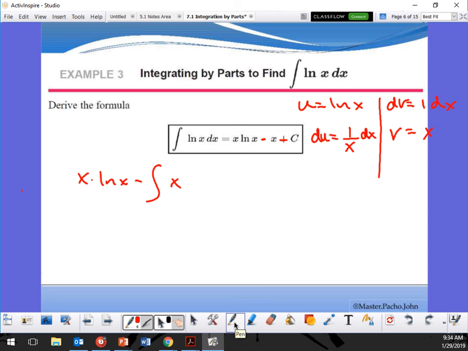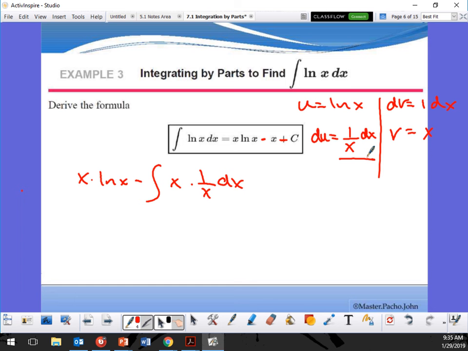What is my dx? 1 over x. Yeah, there we go. So that's where I get that piece right there. Did I lose anyone? Because the 1 over x came from right here. That's my 1 over x dx. Now, what's going to happen to those x's? It's going to cancel out.